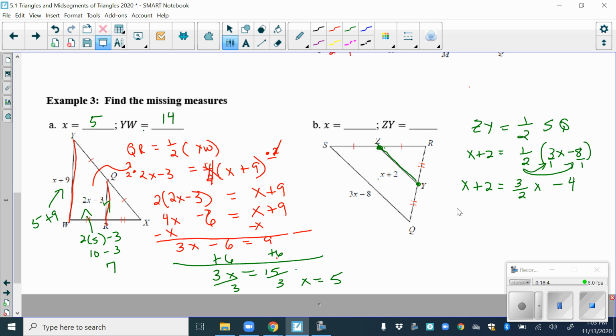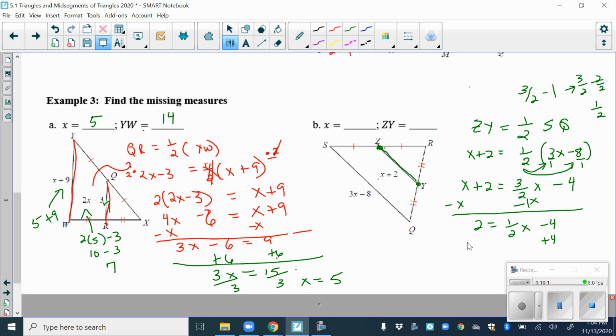Next thing is, I would subtract x from both sides. You get 2 equals, well, 3/2 minus 1, put that up here, 3/2 minus 1 is the same as 3/2 minus 2/2. 3/2 minus 2/2 is 1/2. So I have 1/2 x minus 4.